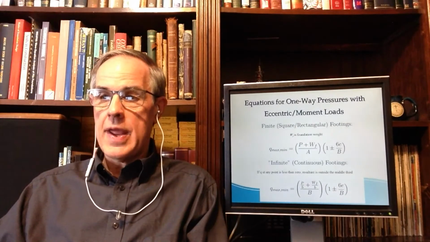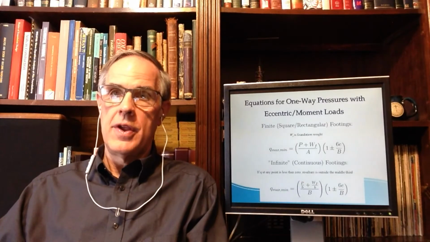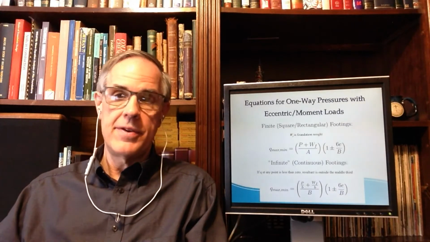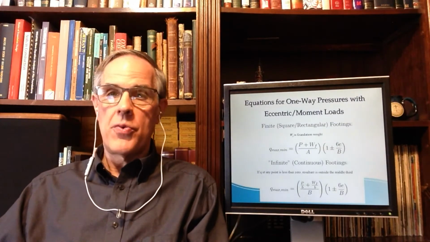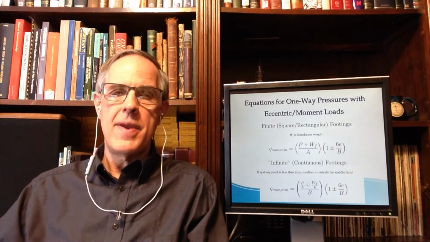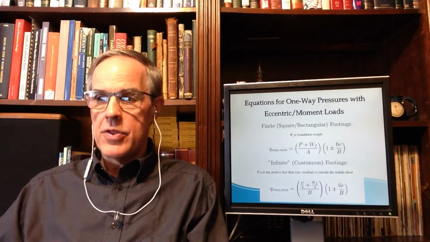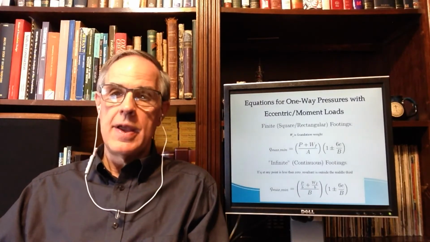That's for one-way eccentricity. In other words, if the eccentricity falls on either the B axis or the L axis, then you're in business. For a continuous footing, you only have one. You don't really do an area. You have a B as kind of the area per unit length.